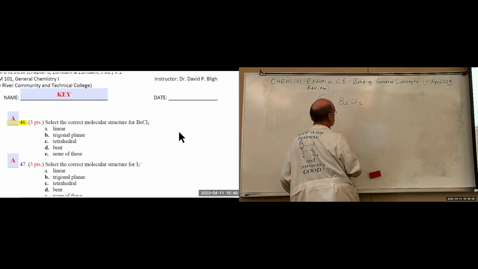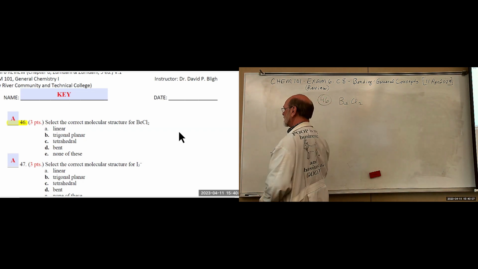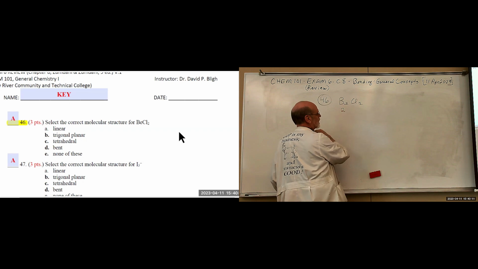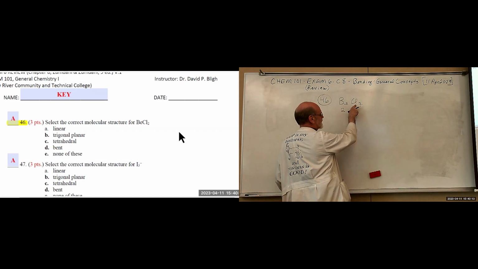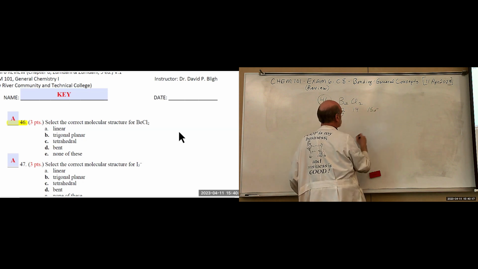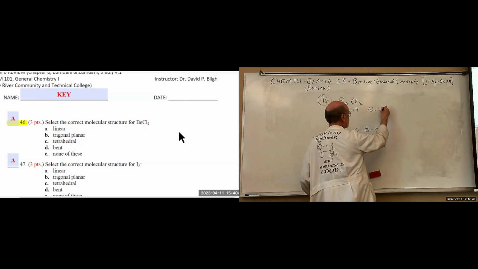Beryllium dichloride. Okay. Beryllium. It's an alkaline earth, so it's got 2 valence electrons. Chlorine has 7 each, so that's 14. That's 16 total electrons. Beryllium, chlorine, chlorine, 2, 4.